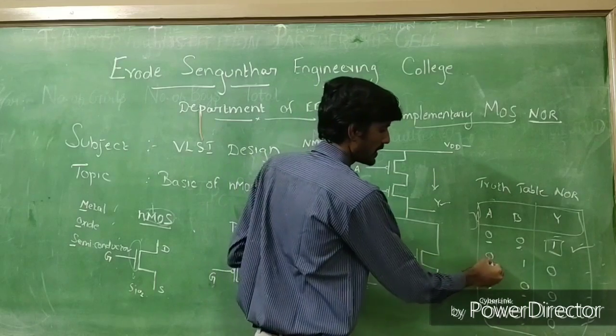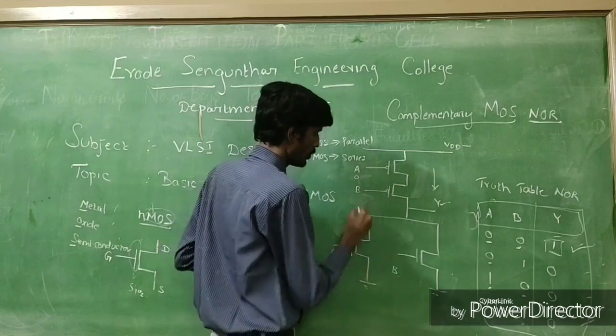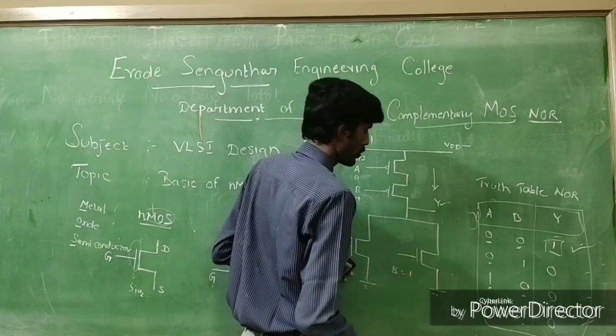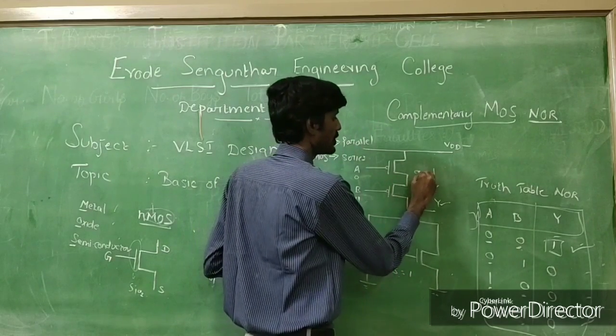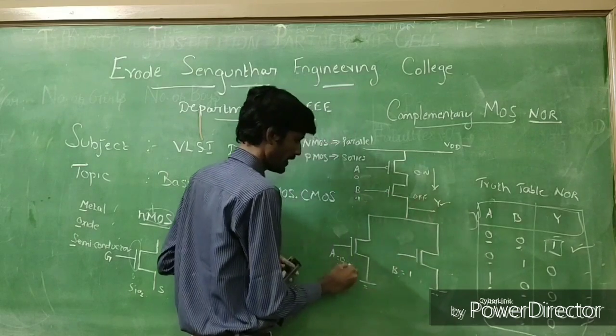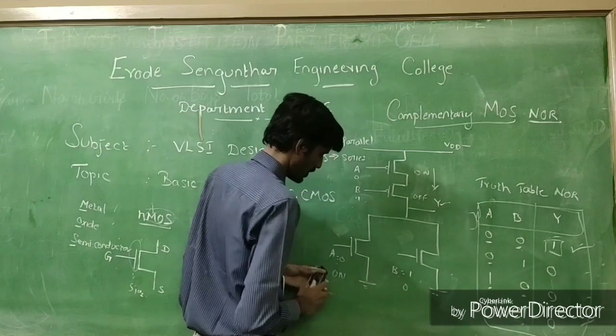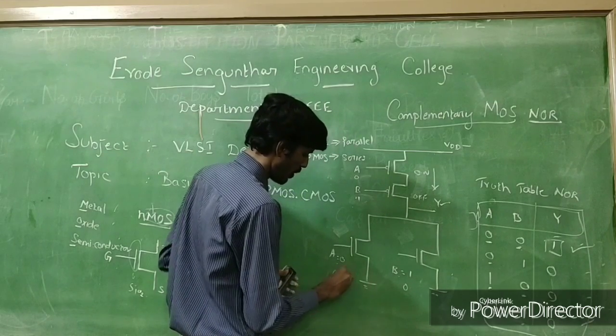Next we apply the second input, consider 0 and 1. A equal to 0, B equal to 1. When A equal to 0, its PMOS should be on, and when B equal to 1, its PMOS should be off.